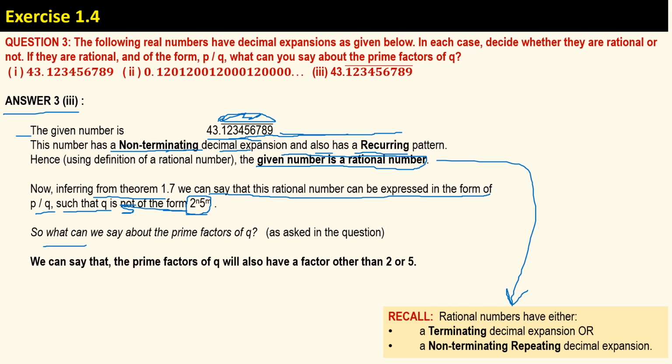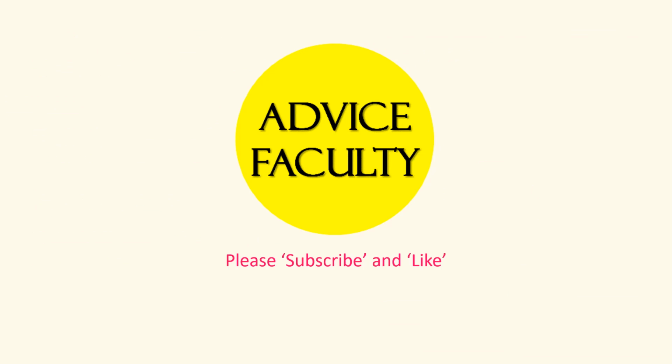So what can we say about the prime factors of Q, as is asked in the question, is that the prime factors of Q will also have a factor other than 2 or 5, because we notice that Q is not of the form 2 raised to power n multiplied by 5 raised to power m.